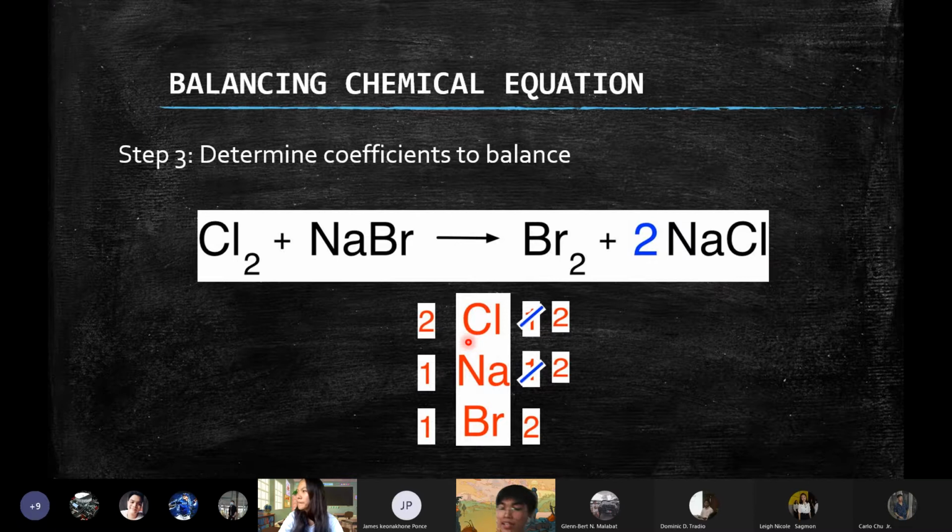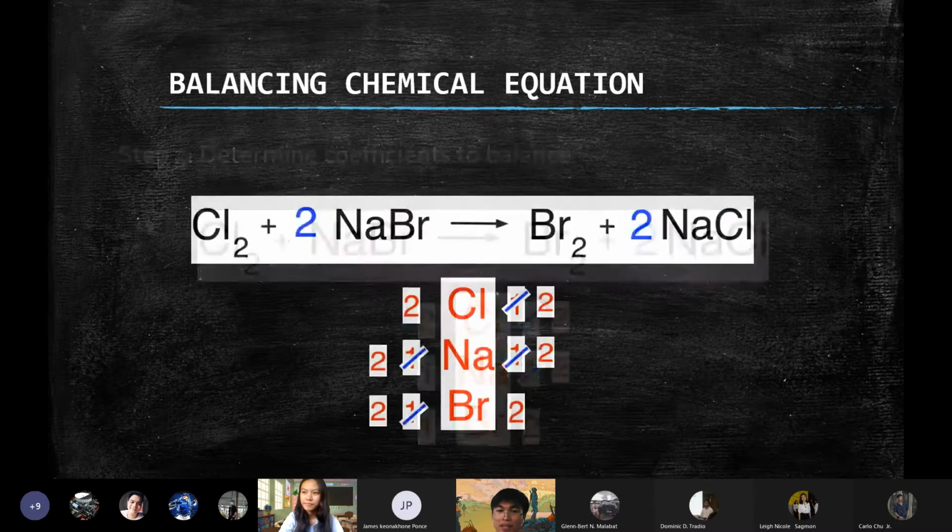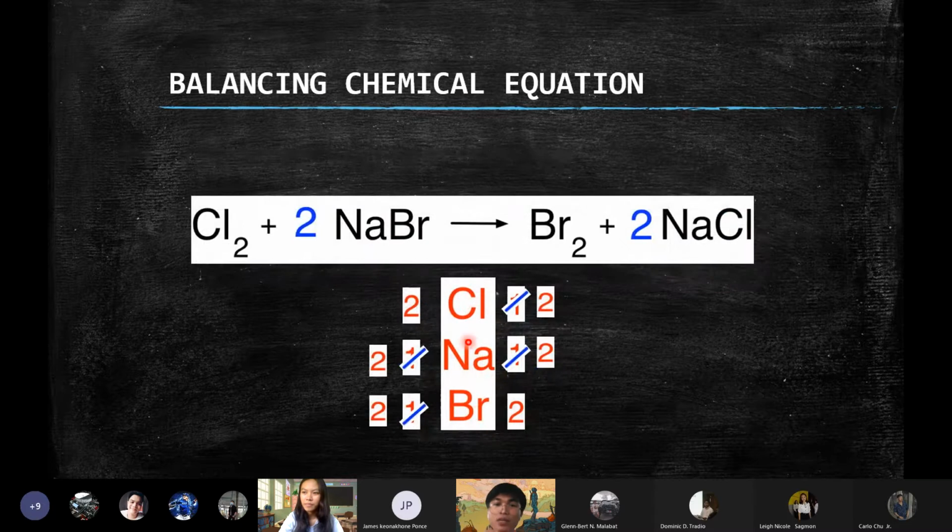So we need to add another coefficient in order to balance the chemical equation. Here, we added the coefficient 2 on the reactant side, specifically on the left side of the compound sodium bromide.